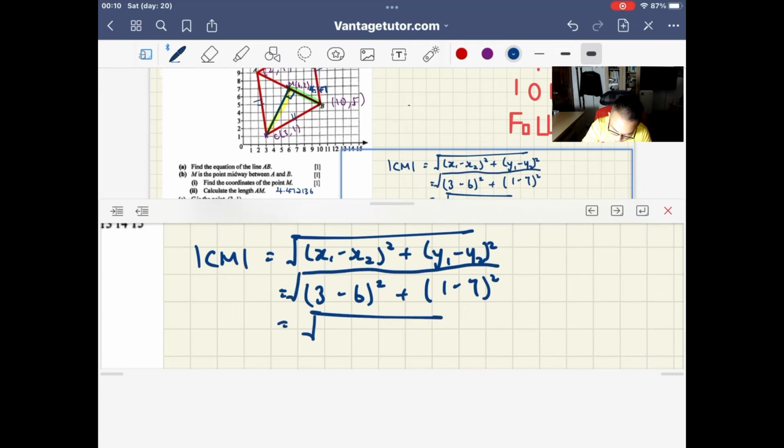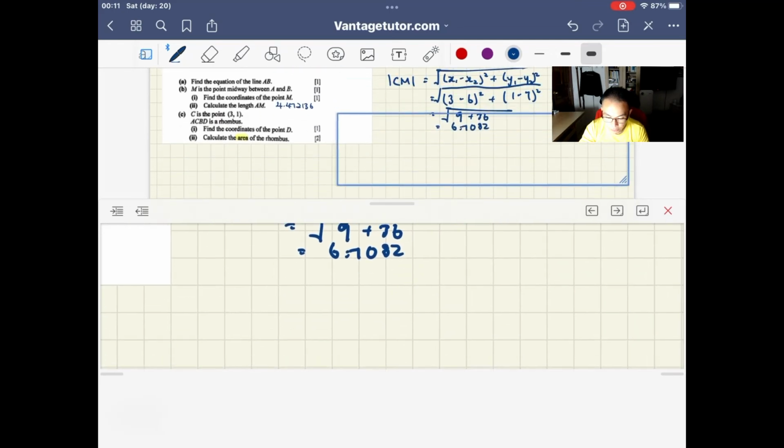Essentially this is just 9 plus 36, so this is square root 45 again. If you want, you can straight away press a calculator. But if you do A math, you realize that we usually prefer the exact value. But for completion's sake, let's do it. Square root 45 equals 6.7082.